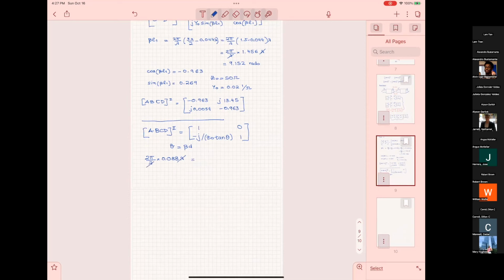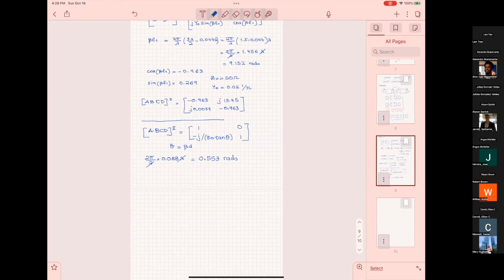So that is equal to 2 times pi times 0.088, and that is going to give us 0.553 rads.